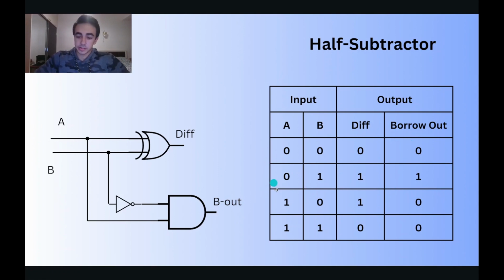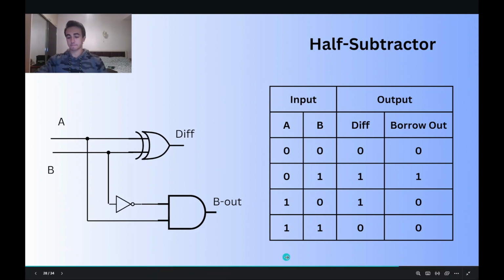True. So the second case, A is 0, B is 1. The XOR outputs 1, and when A is 0, the NOT gate inverts it and we get 1. B is 1 also. So the AND gate would output 1 because both inputs are 1.